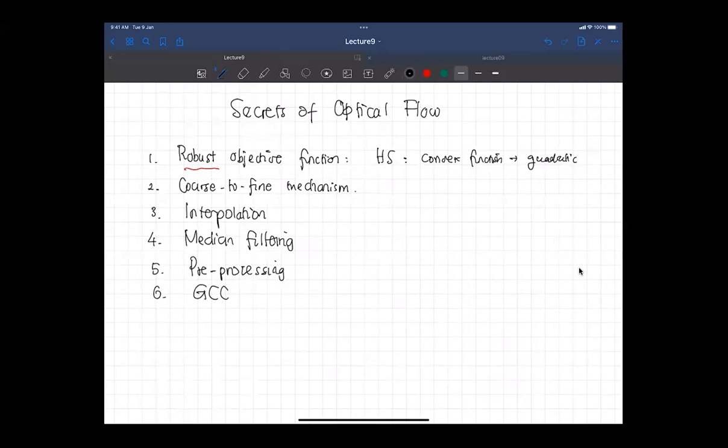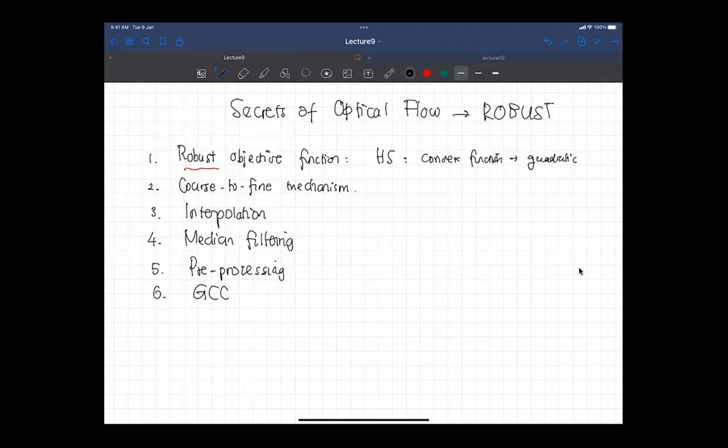So we have BCC, which is the brightness constancy constraint, but we also have GCC, which is the gradient constancy constraint. So these are 6 important ingredients to make optical flow robust and more accurate.